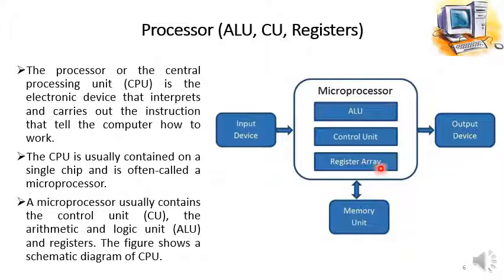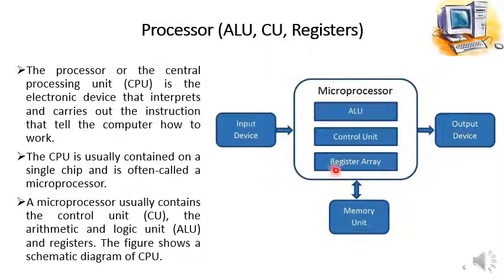Then it will be examined by the CU whether this instruction is an arithmetic instruction or a data movement instruction. Then it will be decided who is going to execute that instruction.